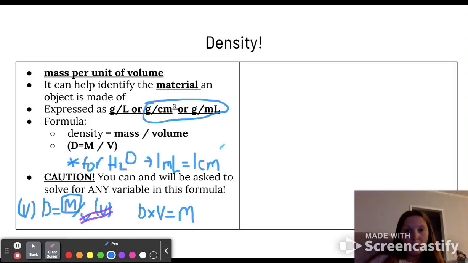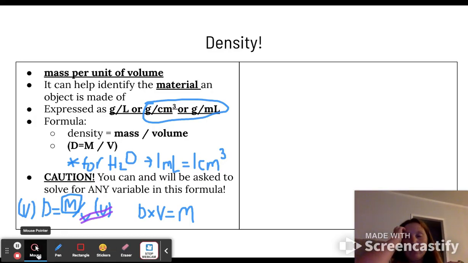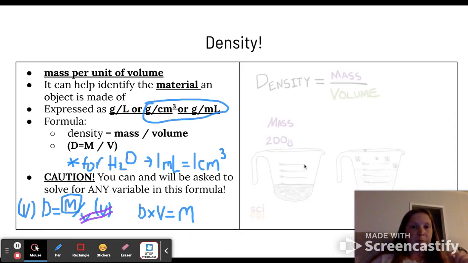You cannot make this assumption for just any liquid, but you can for water. So if I were to give you the density of water in grams per milliliter, but I want the volume in centimeters cubed, you do the math the exact same and get the same answer. I just want you to know that comparison.